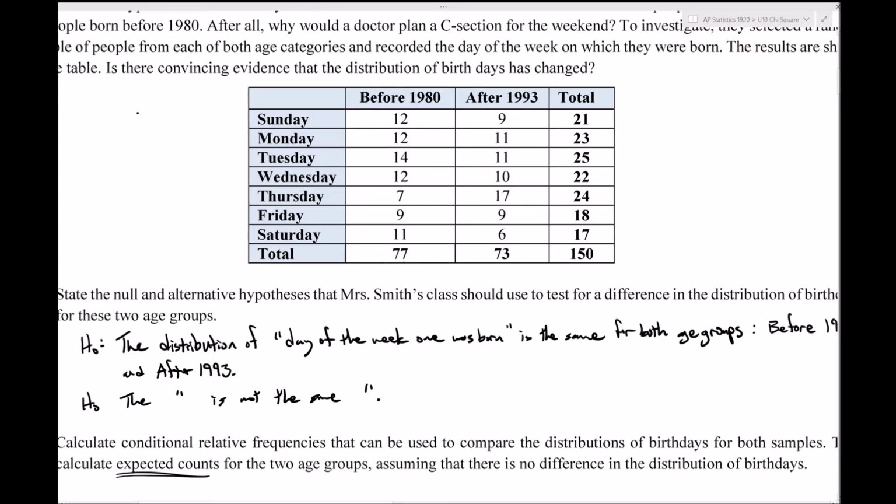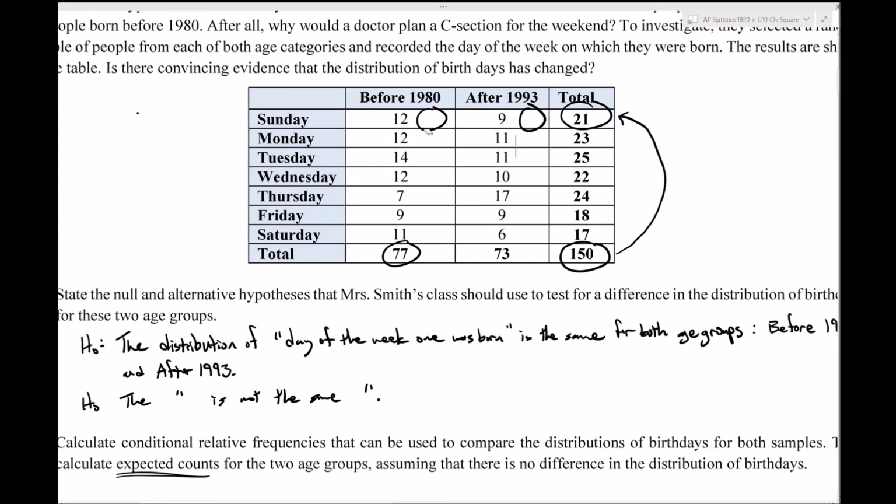We had 77 out of the 150 that were in the before 1980 category. Well, we should have that same proportion of people born on Sunday out of the 21. So it should be uniform for each day of the week. So that 77 over 150 proportion is what we're going to use to calculate either of these two expected counts.